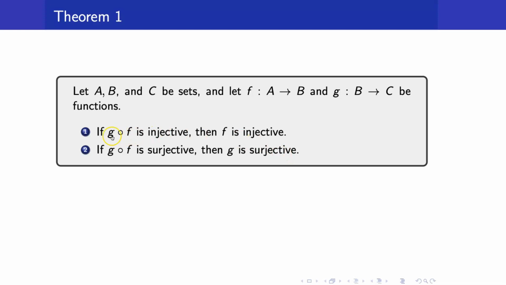What is this saying? This is saying that if the composition of two functions is injective, then we know that the first function applied is injective. If the composition of two functions is surjective, then that means that the second function applied is surjective.